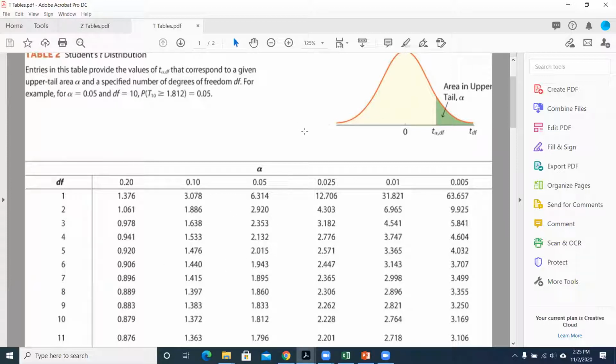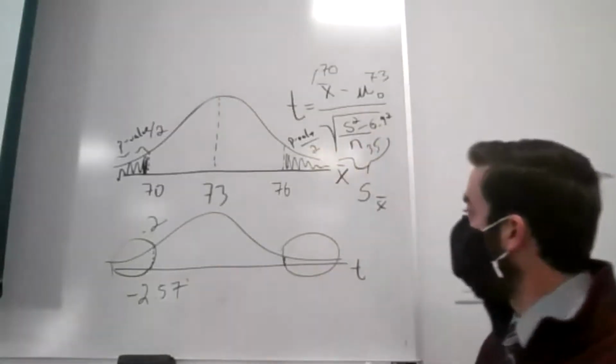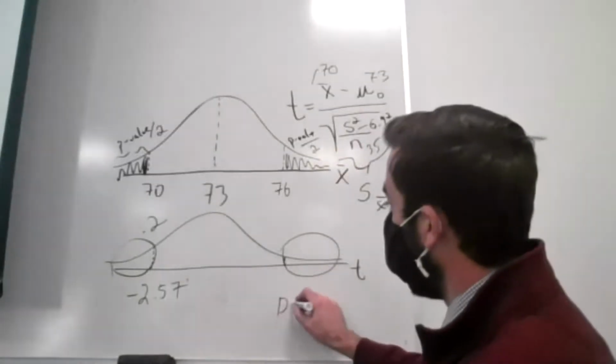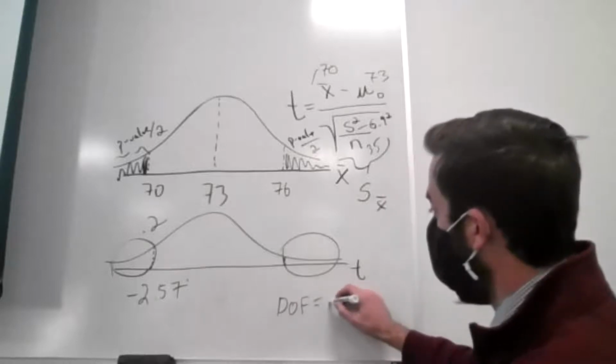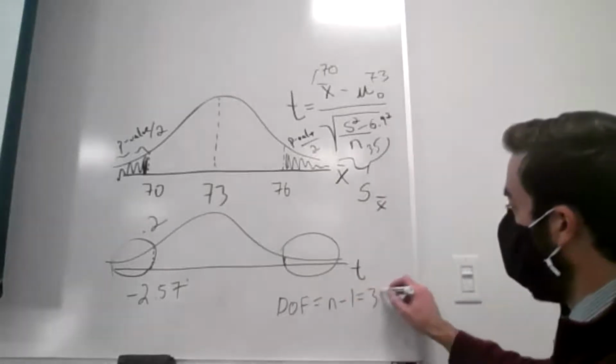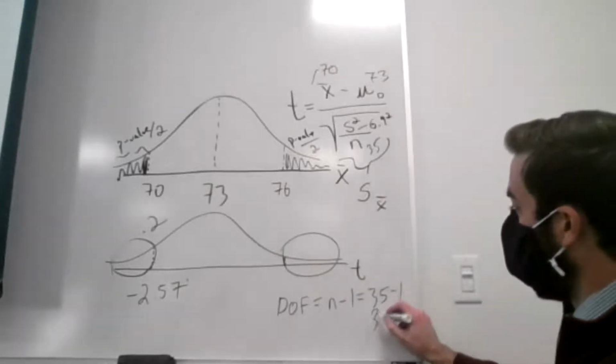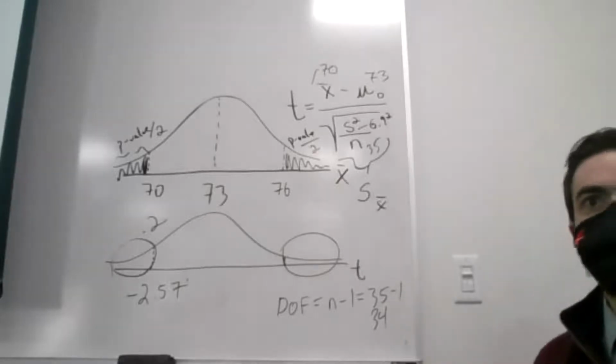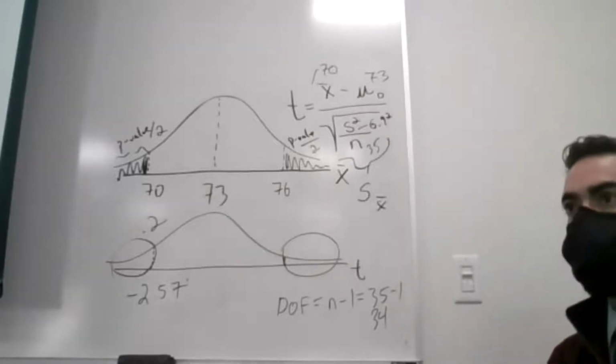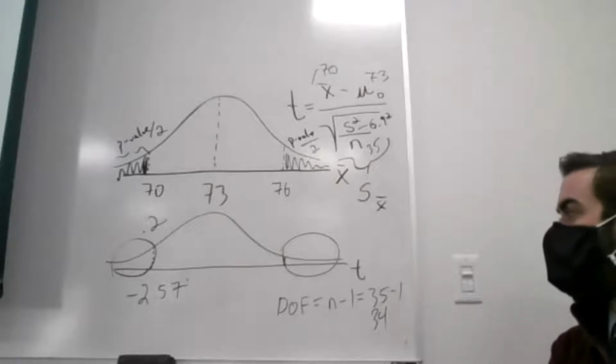So we'll go down. What's our degrees of freedom? Well, if our sample size is 35, our degrees of freedom will just be n minus 1, so 34. Degrees of freedom is just our sample size minus 1.